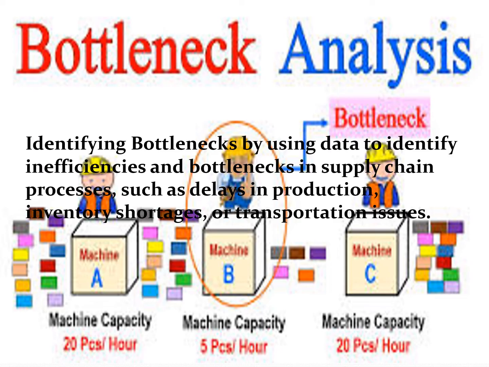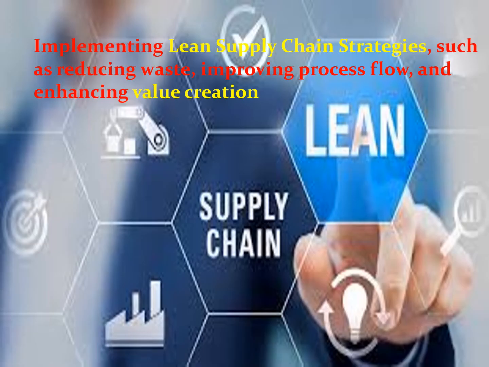They identify bottlenecks by using the data to identify inefficiencies and bottlenecks in supply chain process, such as delays in production, inventory shortages, or transportation issues. Supply chain analysts' role is also very important in implementing the lean supply chain strategies, such as reducing waste, improving process flow, and enhancing value creation in supply chain management.